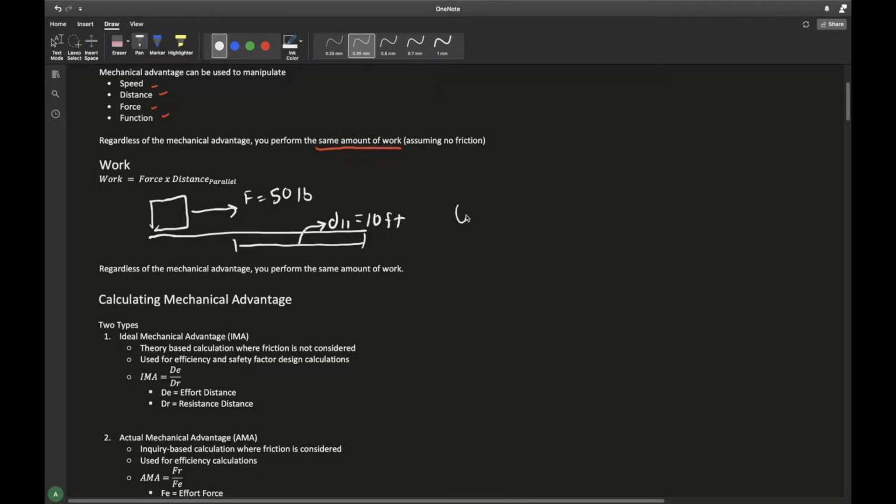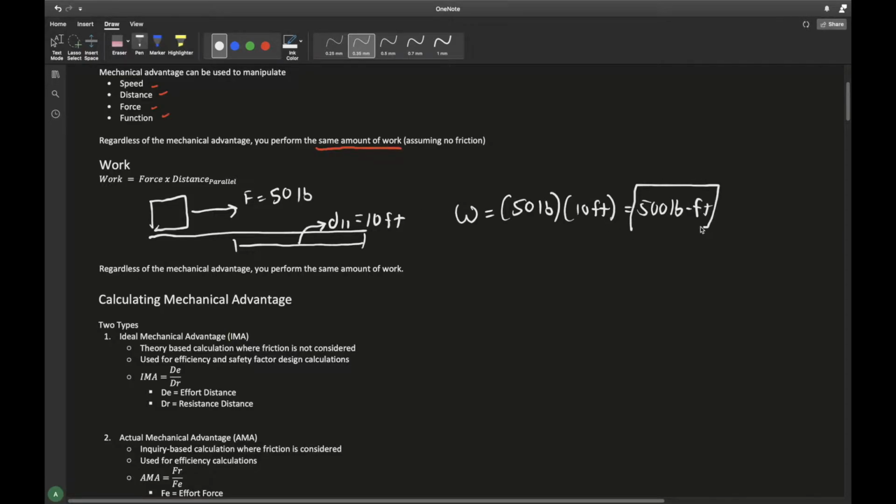The work is pretty simple to calculate. It's just the product of the two numbers, 50 pounds multiplied by 10 feet. And that's equal to 500 pound-feet of work. So that's how you can calculate the work in a system.